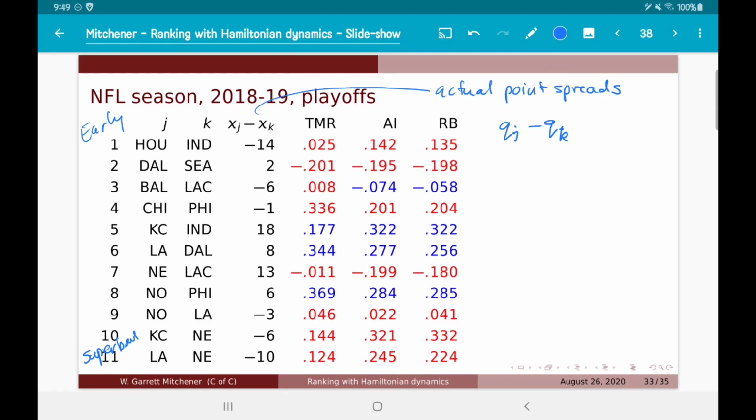But as I said, football is a game where a lot of complications come into play. The big one, again, being that New England did much better in the playoffs than they did in the regular season. A few things to point out are that apart from New England, the Kansas City-Indianapolis game was correctly predicted.